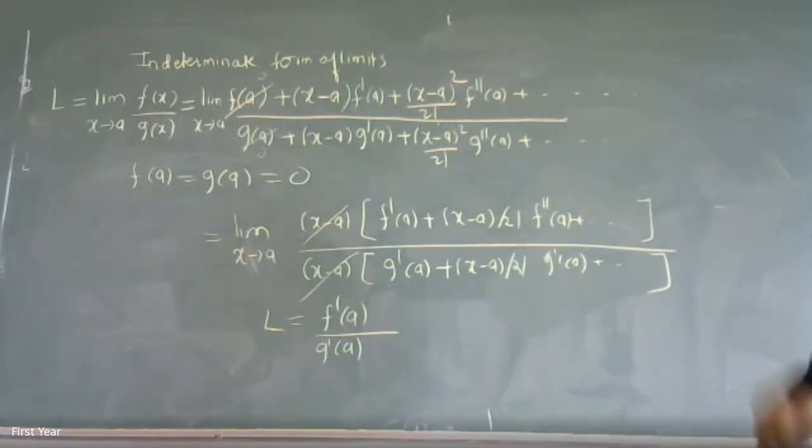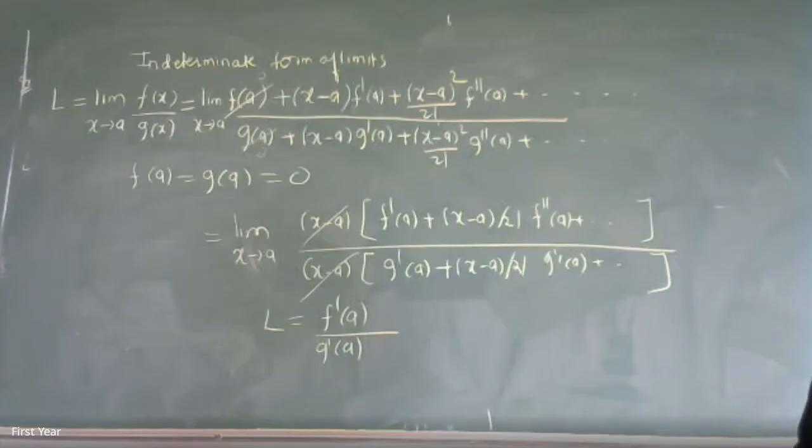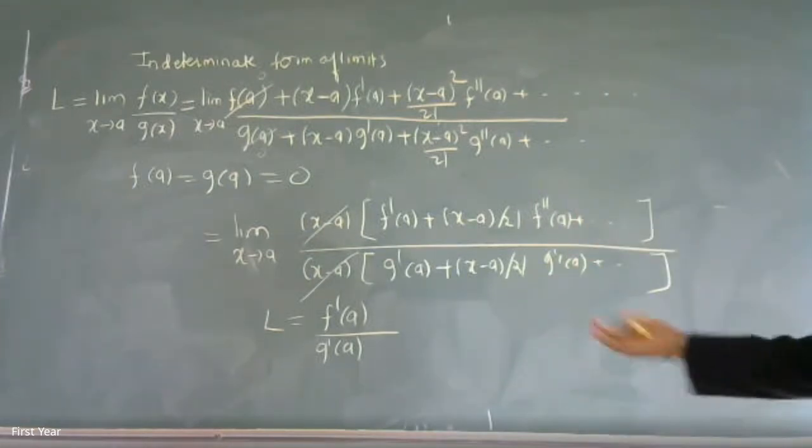So is it clear why we apply Hospital rule again and again until one of them becomes finite? This is the reason why the Taylor series was done earlier, so that limits which are actually solved.